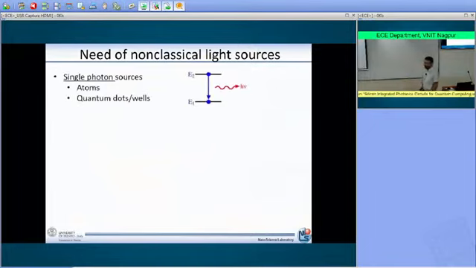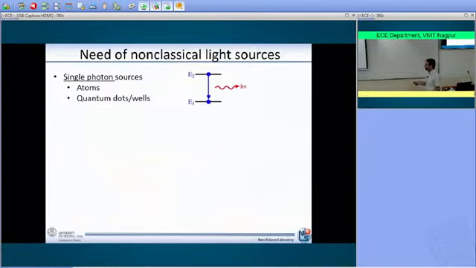One very easy way to generate a single photon is to manipulate the device in such a way that we are able to trigger a single electronic transition.